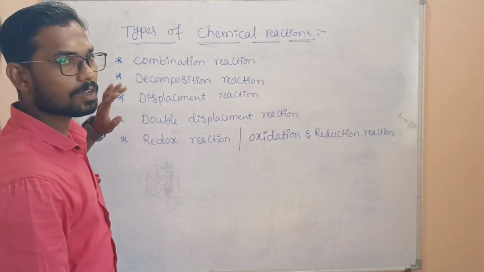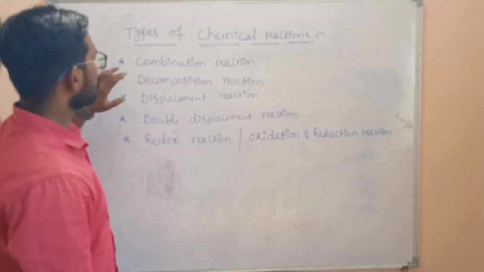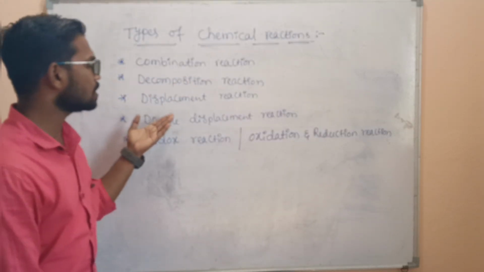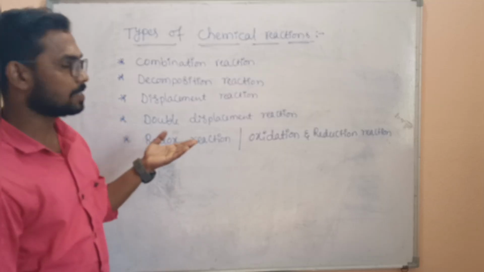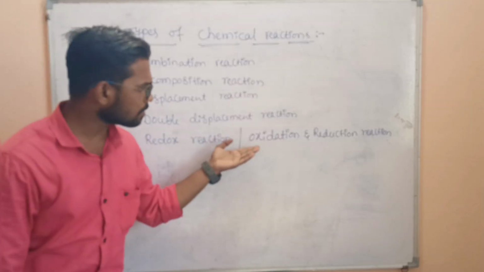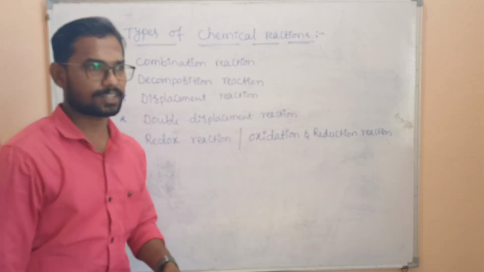So these are the types of chemical reactions: combination, decomposition, displacement, double displacement, and redox, also known as oxidation and reduction reactions.